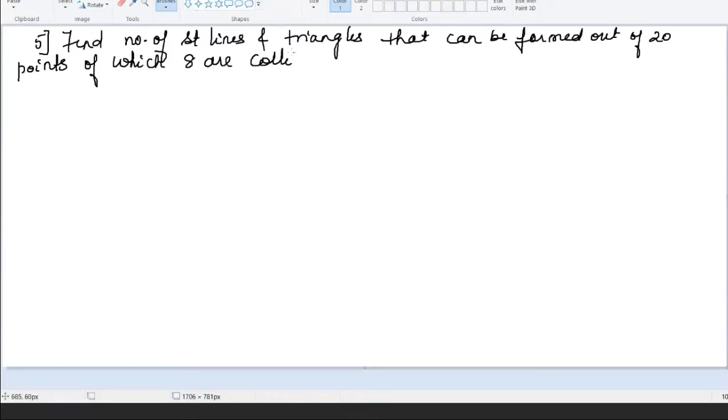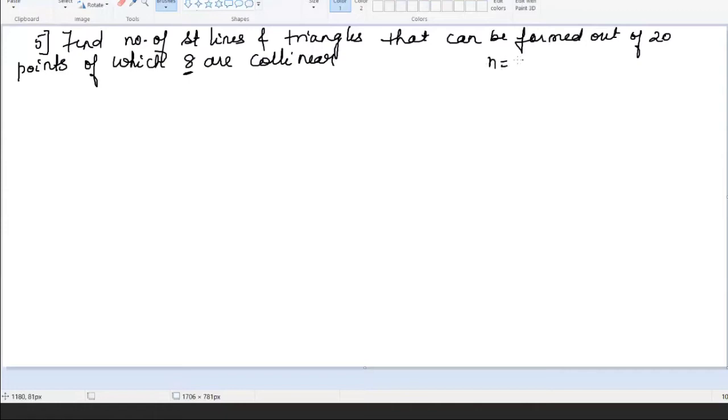Now, whenever they have given you collinear points, if the collinear condition is there, we must require the minimum points is 3 points. Keep that in mind. So if there are no 3 points, we can't call them collinear. 2 points can be written anyhow. They cannot be considered as collinear. So out of this, what is given?